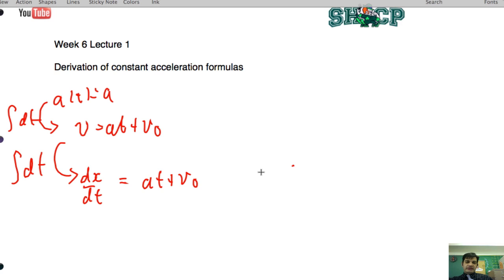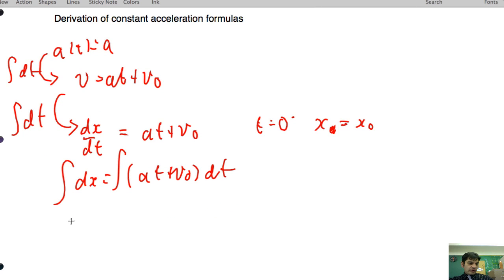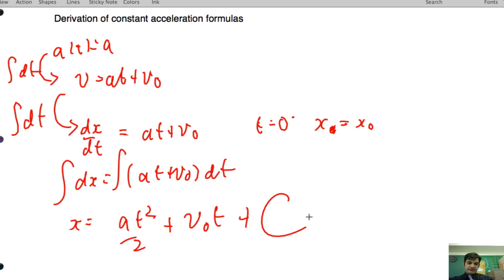And I'm going to subject it to the condition that at t equals 0, x equals x naught. So here we go. I'm going to multiply by dt, dx/dt equals at plus v naught, and integrate both sides. I'm going to get x equals at squared over 2 plus v naught times t plus an integration constant c.